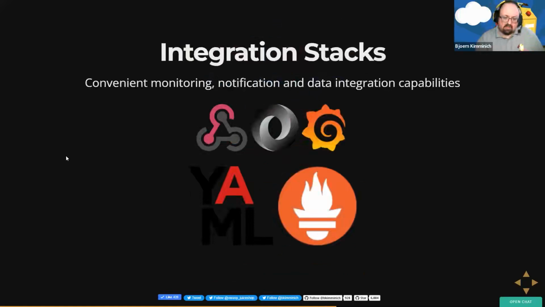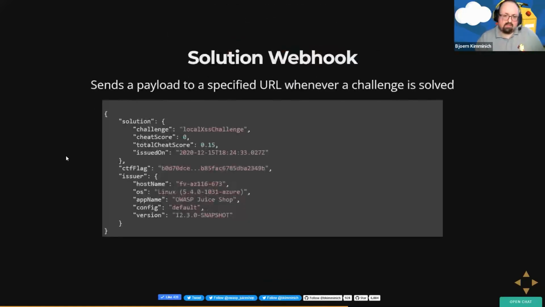You can integrate the Juice Shop with other tools. For example, we do, and I mentioned that before, we have a webhook that is triggered, or that you can consume whenever a challenge is solved. So this emits the challenge name, the assumed cheat score for the challenge, but also in total for that user.